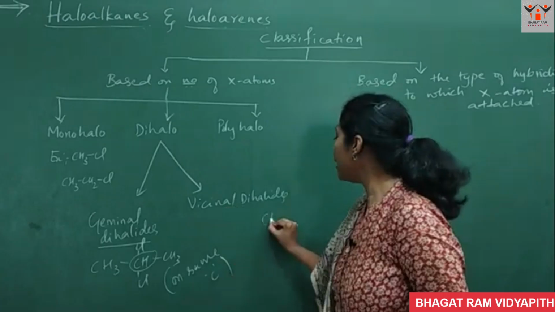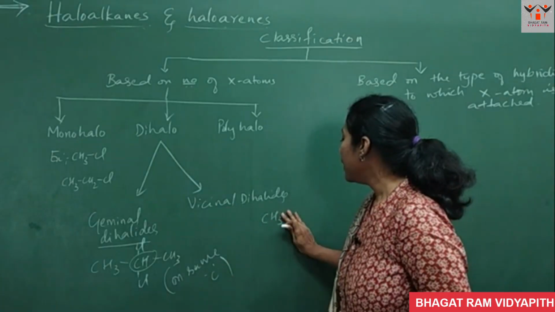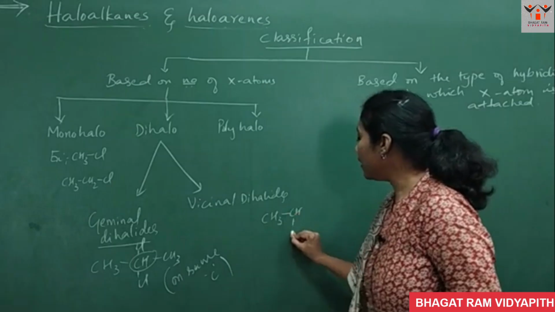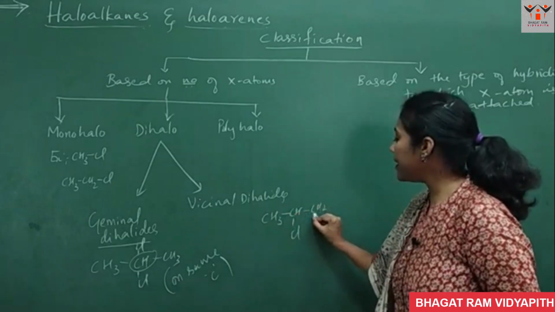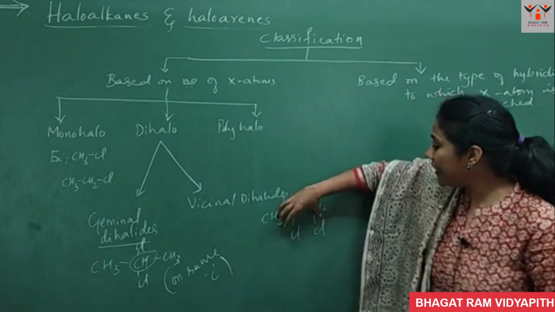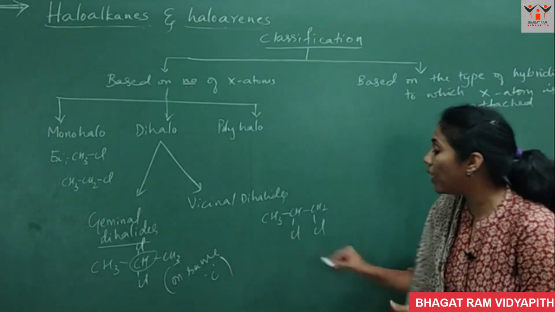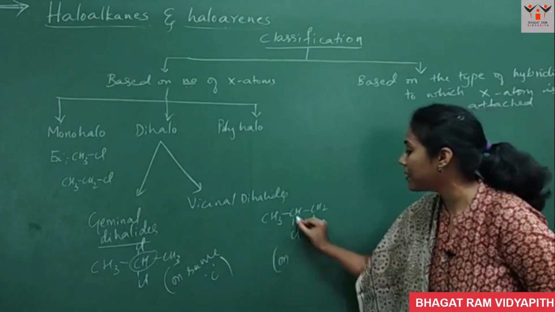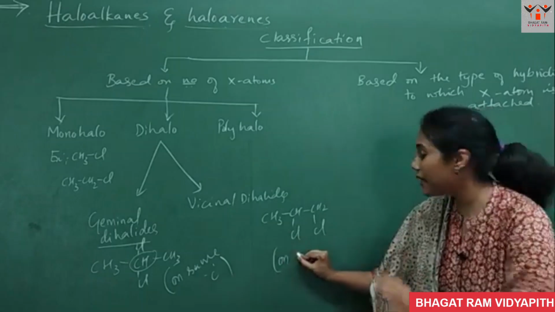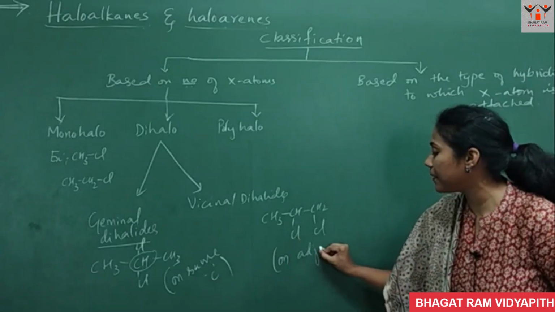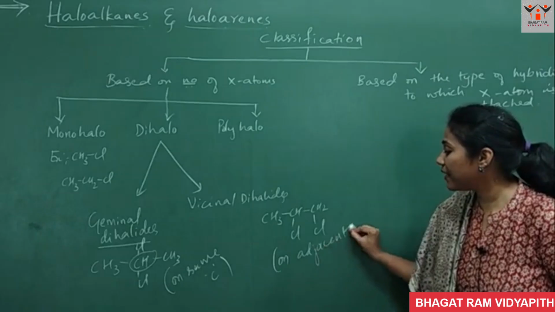But if the two halogen atoms are present on different carbons, look at this example. Even in this example, you have two halogen atoms, but they are on adjacent carbon atoms. The two halogen atoms are present on adjacent carbon atoms.